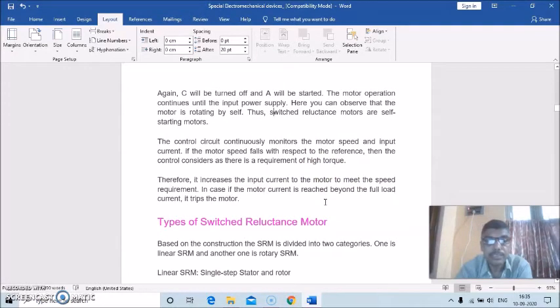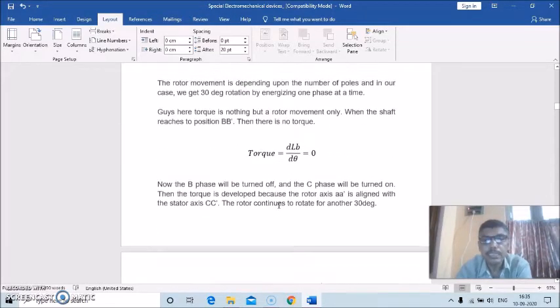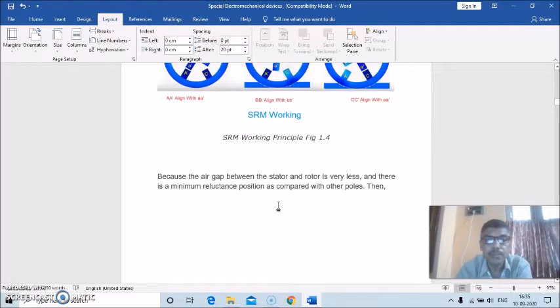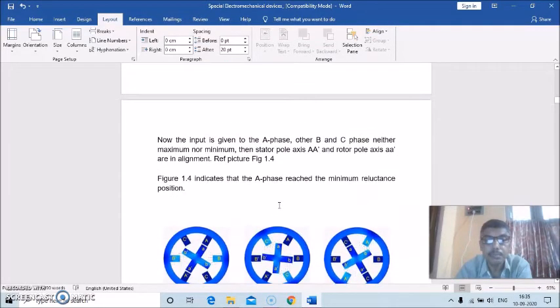Therefore it increases the input current to the motor to meet the speed requirement, and in case the motor current reaches beyond the spool load current, it trips the motor. So that is the operation and working principle of this switched reluctance motor.